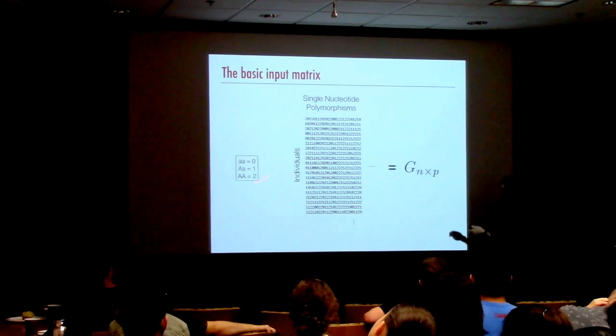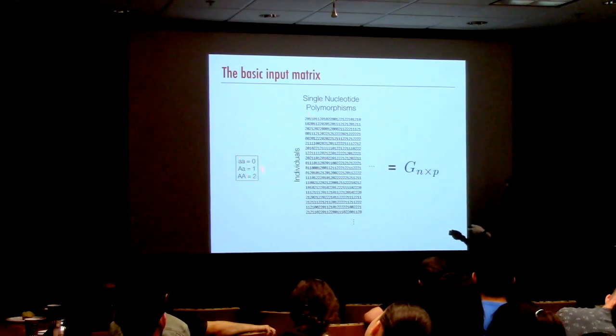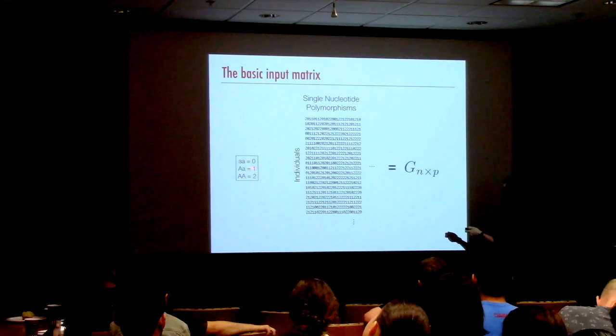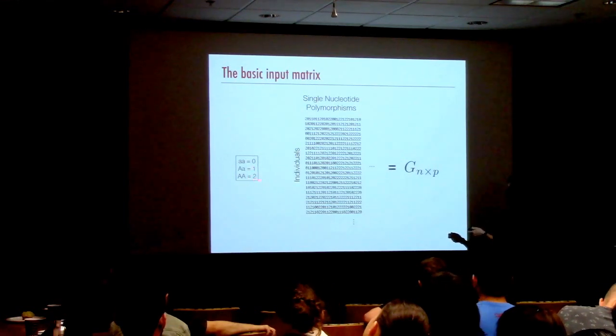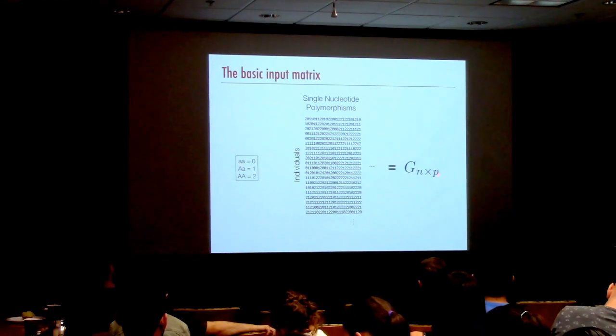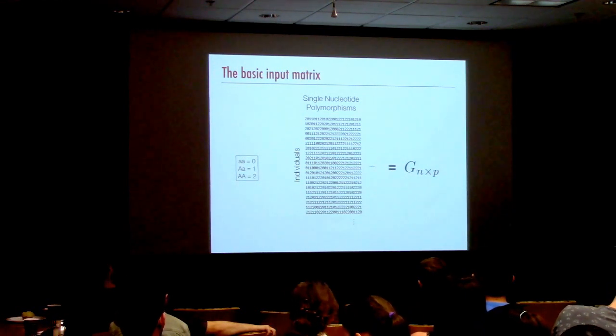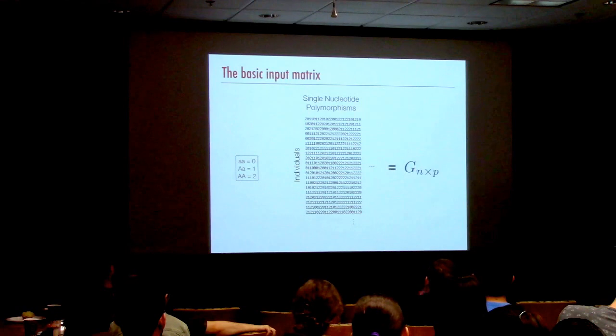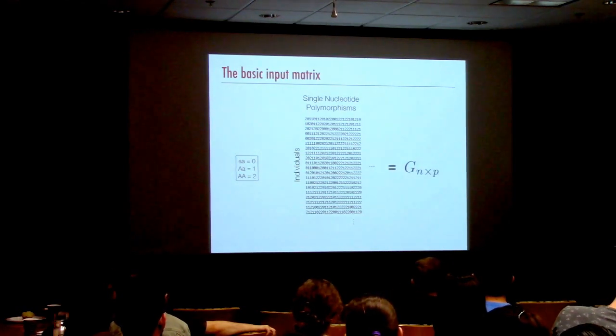I like to conceptualize it as a matrix of 0s, 1s, and 2s. We're going to make this what's called an additive coding, where we count a reference allele, so that the heterozygote has a 1 and the homozygote for A has 2. This will be an n by p matrix, n individuals, p SNPs. So now p is not allele frequency; it's the number of SNPs, to keep with the more general notation used in many areas.